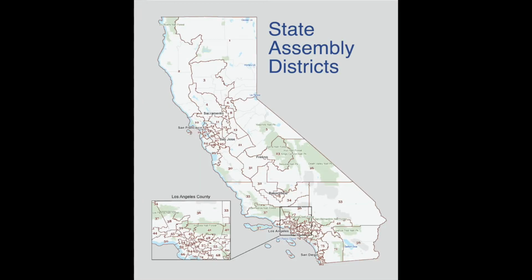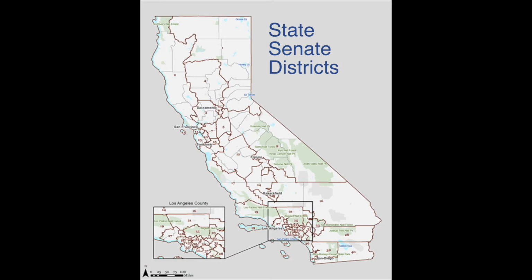Now, every person that lives in the state of California has a state assembly member and a state senator. State assembly members are part of the California State Assembly, which has 80 members representing all of the state of California. And then those districts don't relate to the state Senate districts.